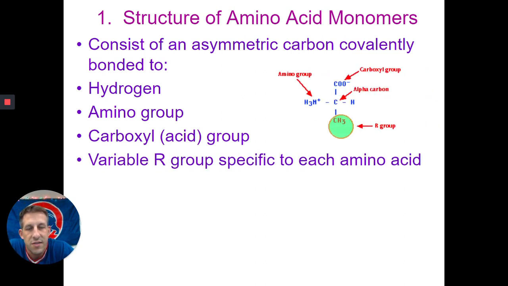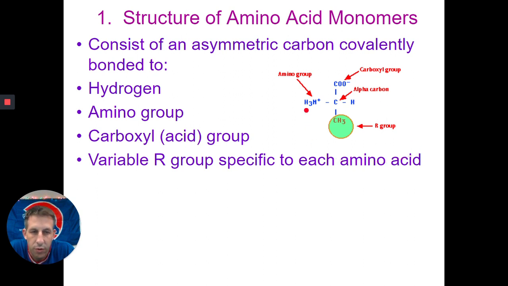The fourth thing that attaches to the central asymmetric carbon is known as the variable R group. Okay? Each of the 20 specific amino acids has a different variable R group. It is the one thing that is distinct between all 20 amino acids. I've given you a couple of examples right here.